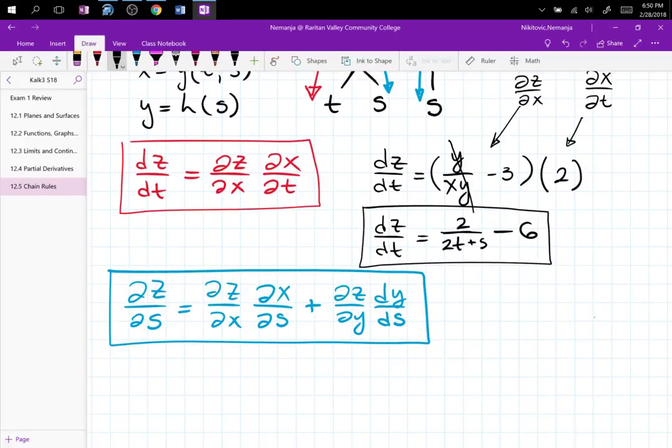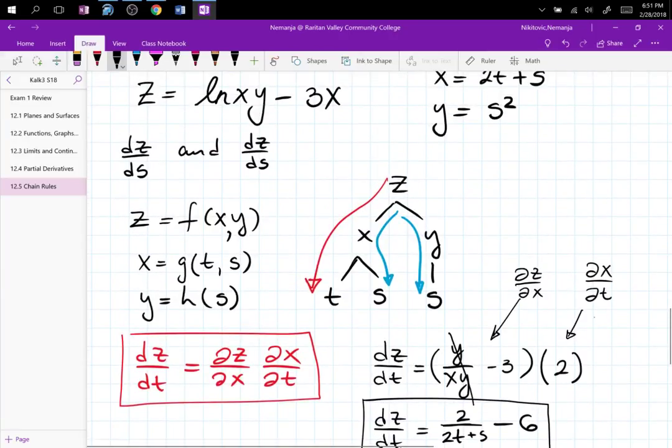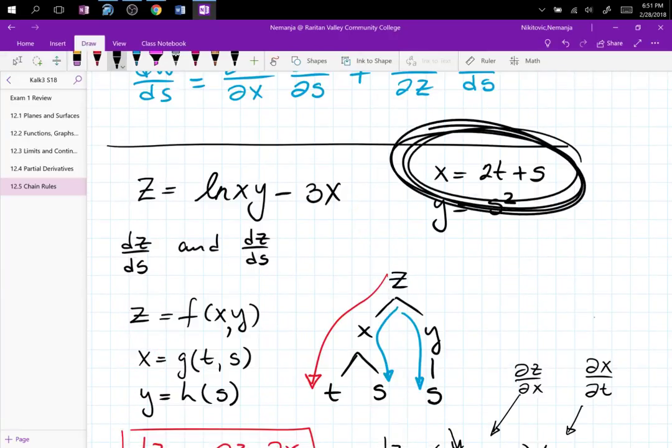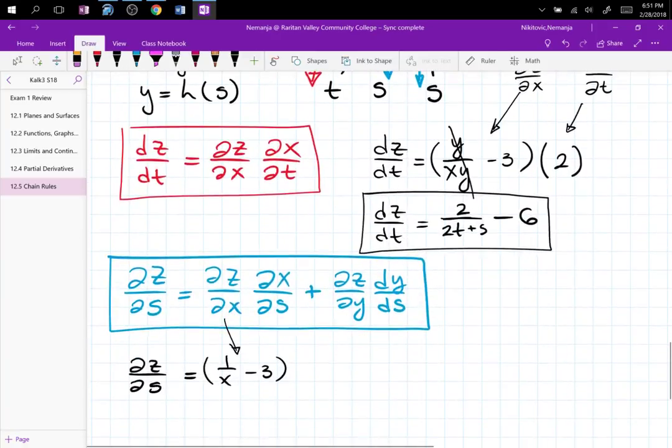So the first order of business over here is to find the partial derivative of z in respect to x. I already have that. That's my 1 over x minus 3. And now I need partial x, partial s. That comes from the formula that connects x and s, and that's just going to be 1 in this case. So, times 1.